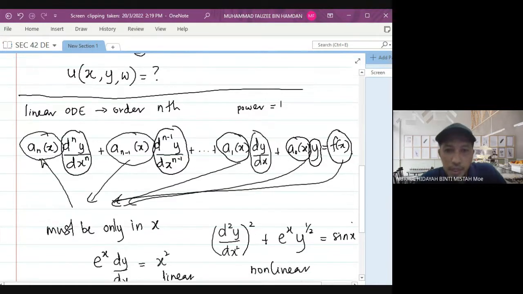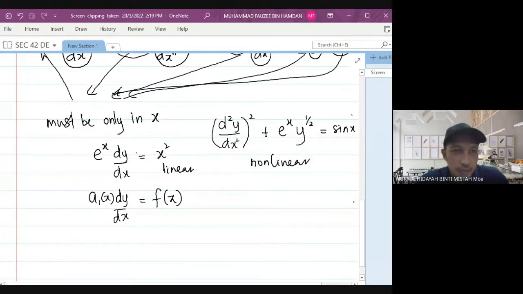For example, this one is an ODE, ordinary differential equation, because we have only dy over dx, and it's linear. The order for this equation is first order.